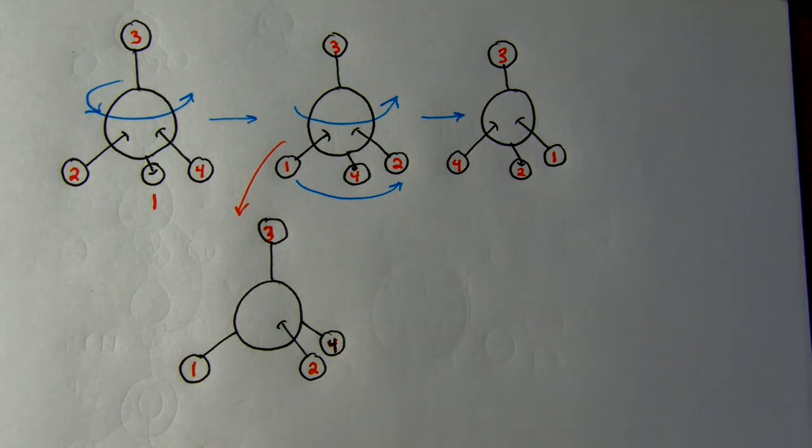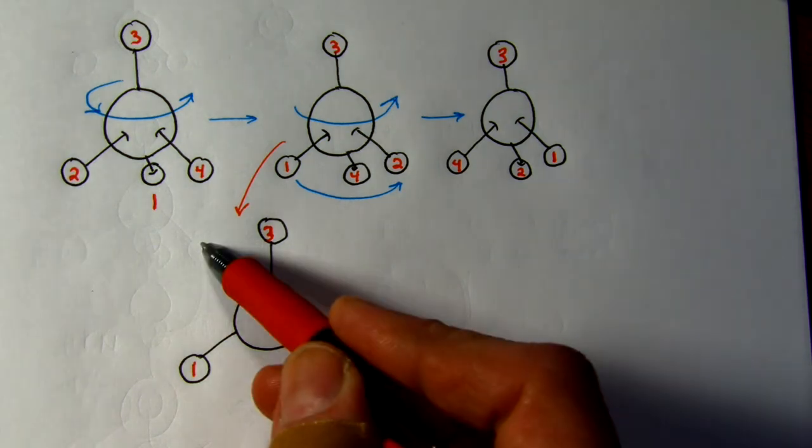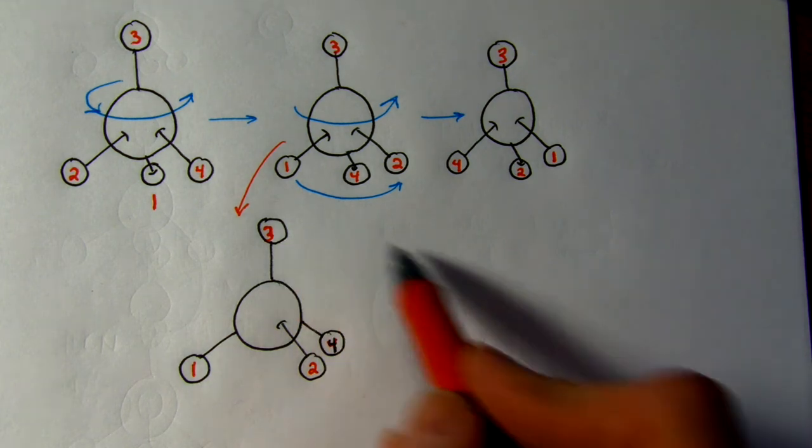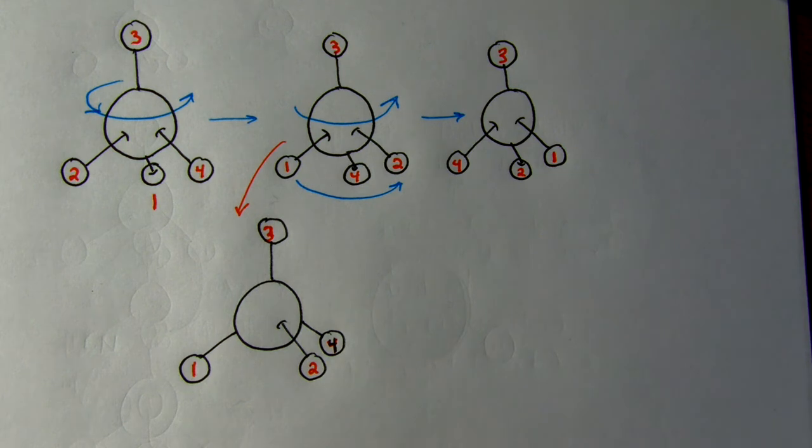Okay, so how do we get 3 to go to the back? If we tip it back, you can see that probably 2 is going to come way up here. So I don't know if that was helpful or not. If we tip it over here this way, then 3 is not in the back.